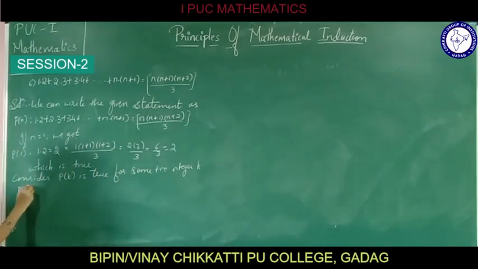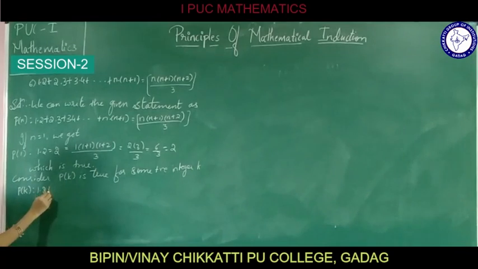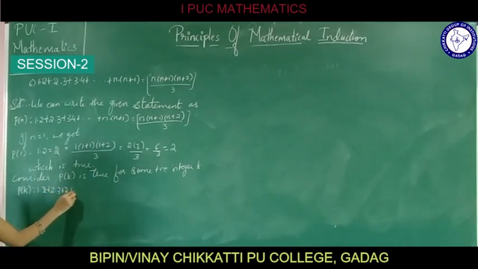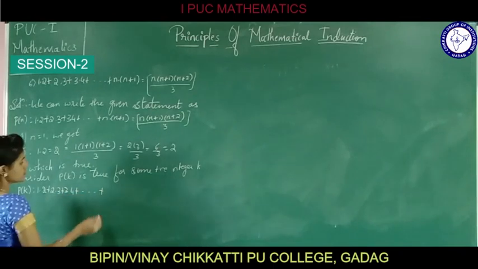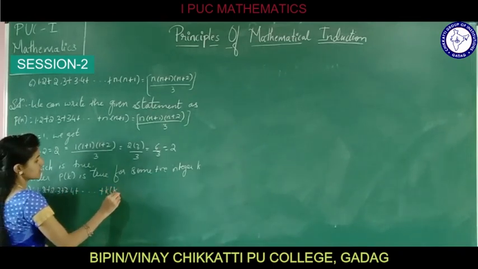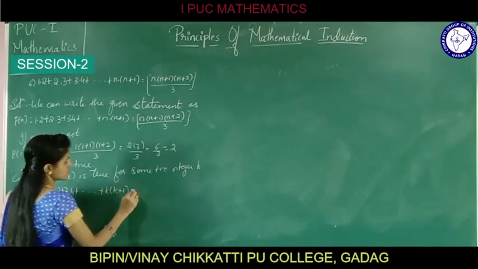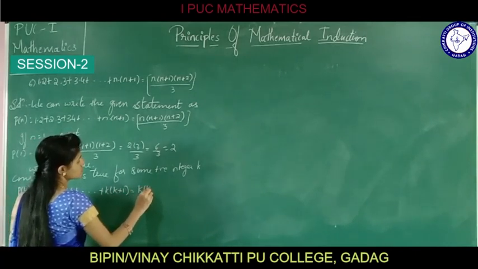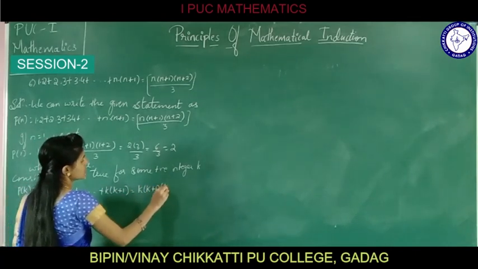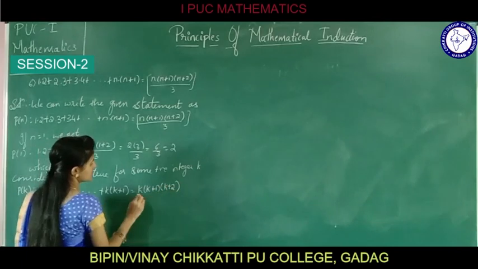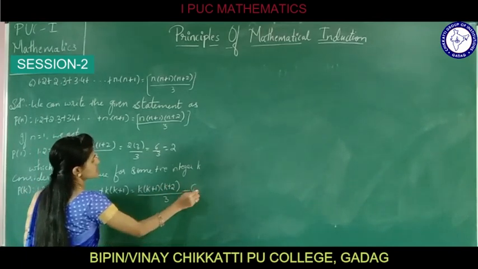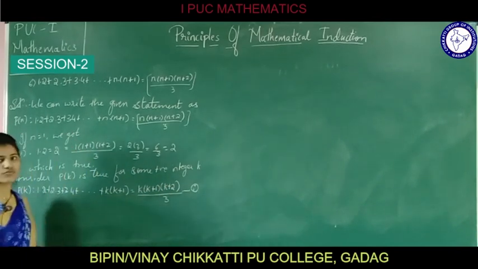P of k such that 1 into 2 plus 2 into 3 plus 3 into 4 plus so on up to k into k plus 1 is equal to k into k plus 1 into k plus 2 divided by 3. Consider it as equation 1.